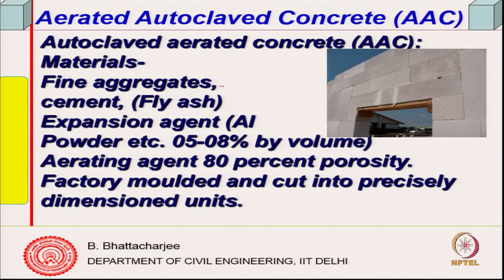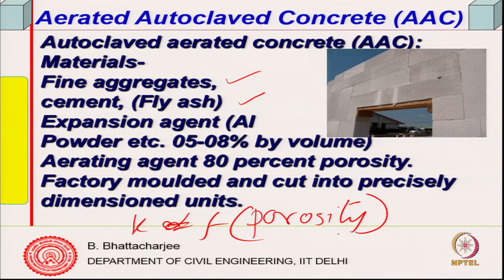And obviously you have some fine aggregates, cement and cement plus fly ash. As we have seen earlier, thermal conductivity K is a function of porosity, and the higher the porosity, the lower the thermal conductivity. So, it acts as an insulation.